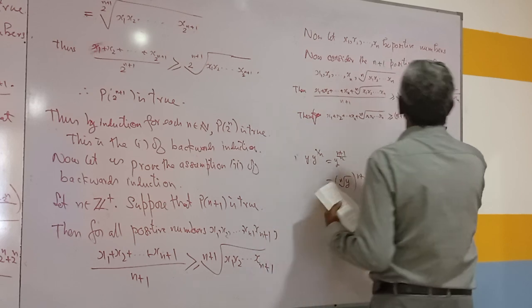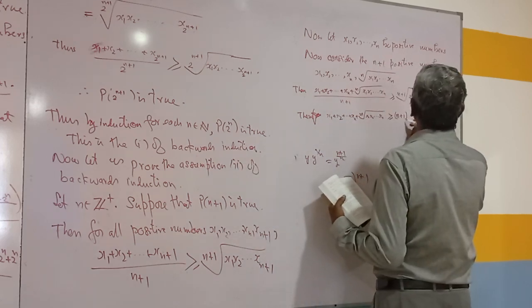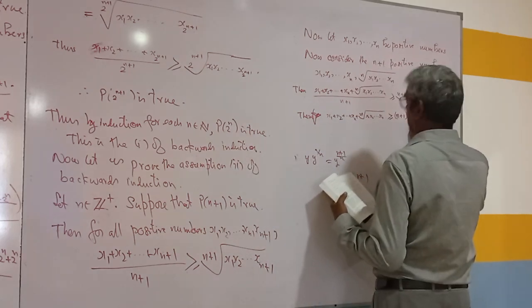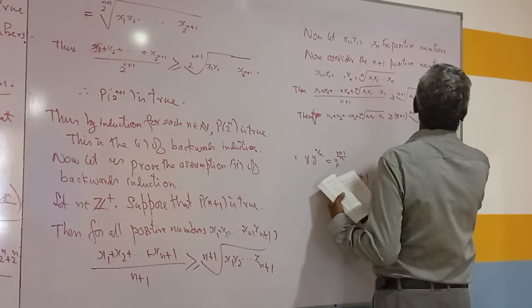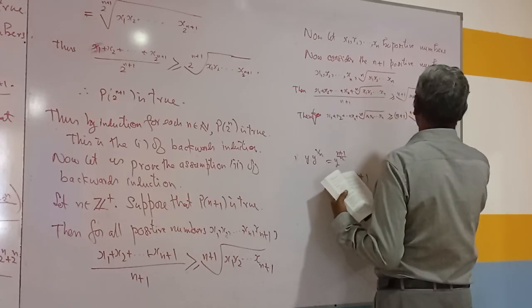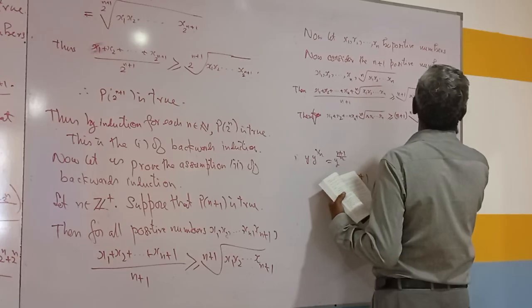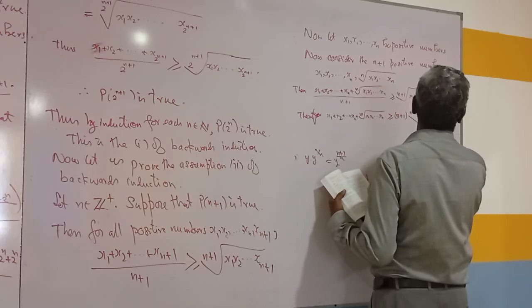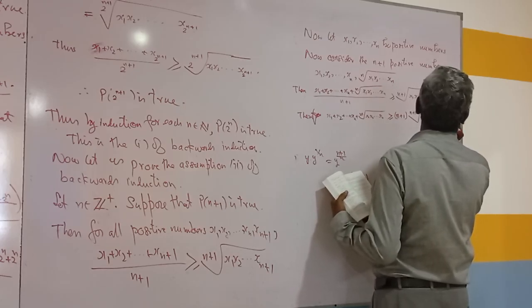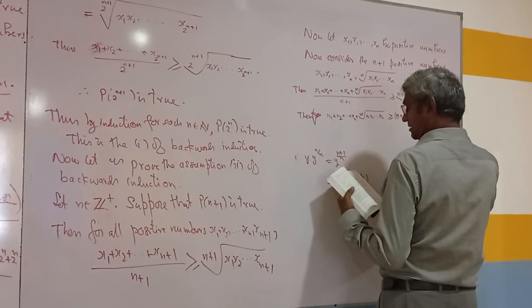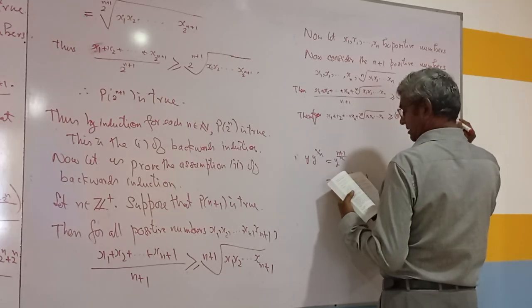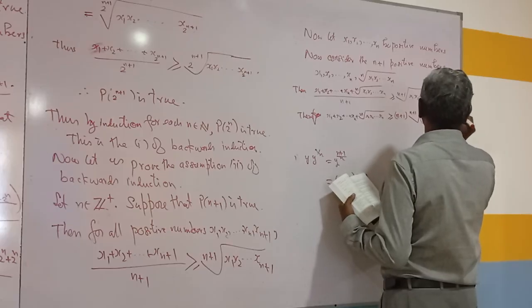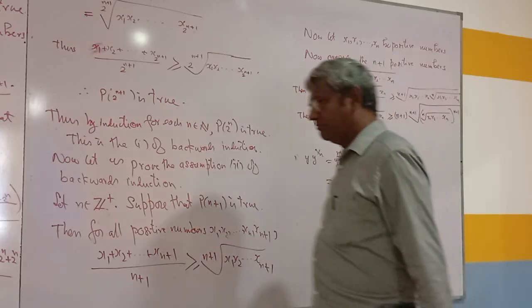So, using that, n+1 times the (n+1)th root of the nth root of x1, x2 up to xn, this whole thing raised to the power n+1.